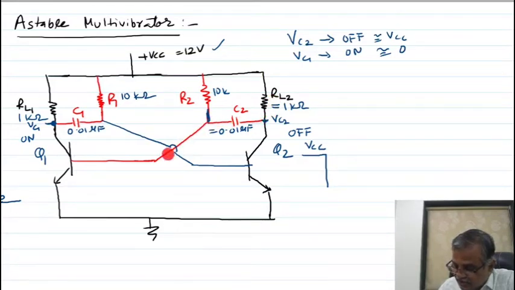This is the polarity of the capacitors. These capacitors get charged through RL2 and the base emitter of transistor Q1 in this way.